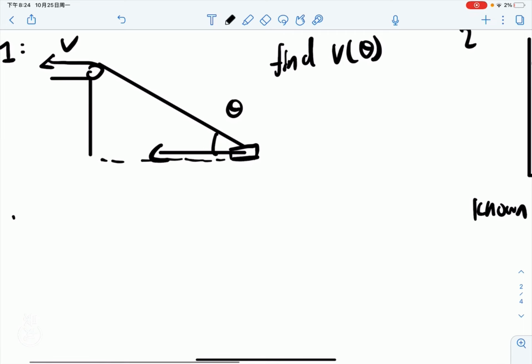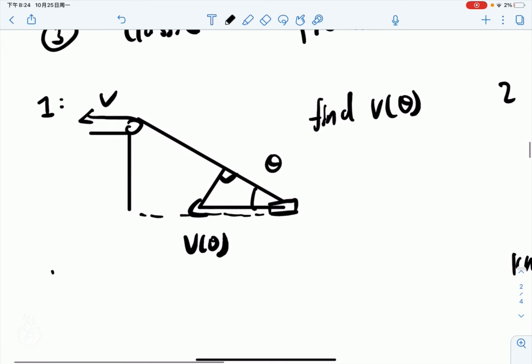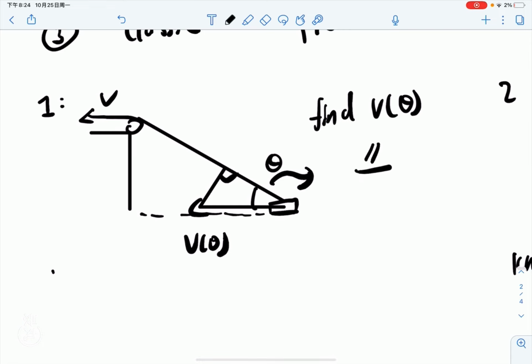So here's a real velocity over here, and we want to separate it into the component perpendicular to the rod or the string, and parallel to the string. And now the velocity that is parallel to the plane is going to be v theta divided by cosine.